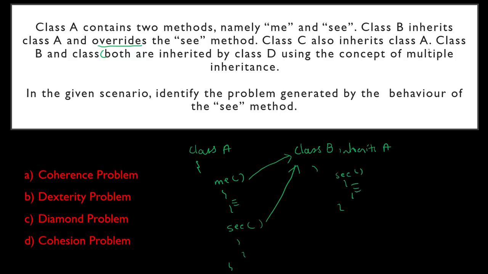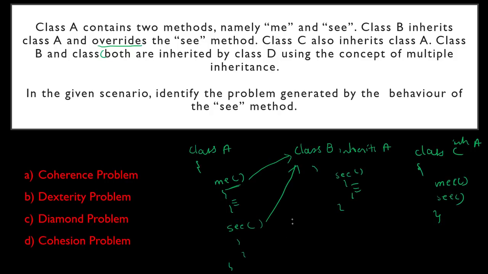There is also class C, which also inherits from class A. So class C will also get the me function and the C function. It is not overriding it.